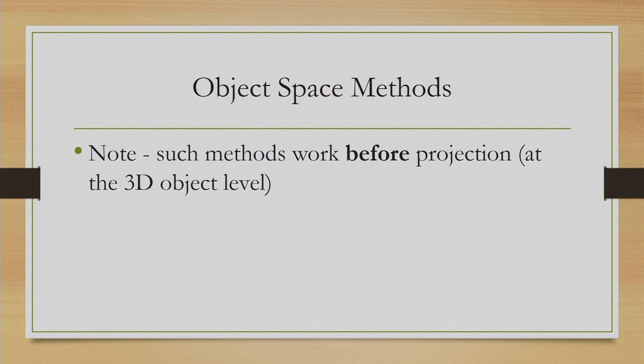Since here we are dealing with objects, so essentially these methods work before projection at the 3D object level. Remember that once we perform projection, the objects are transformed to a 2D description. So, we cannot have this 3D characteristics.